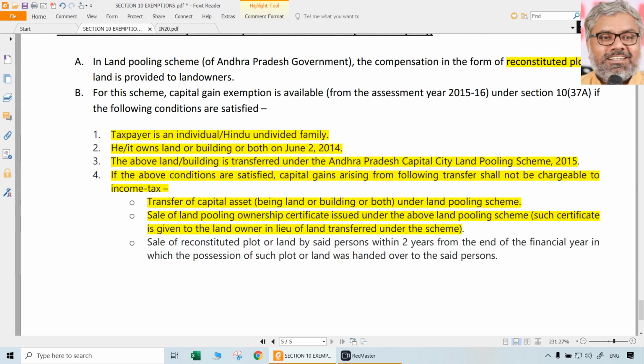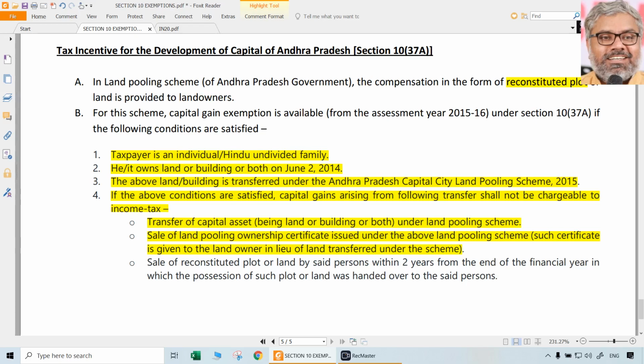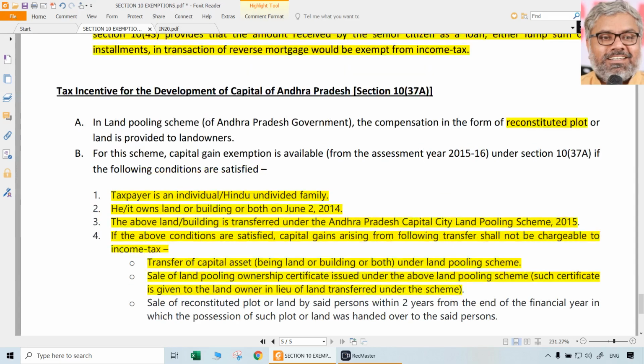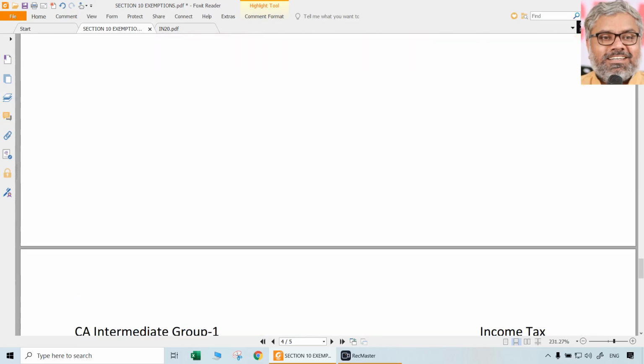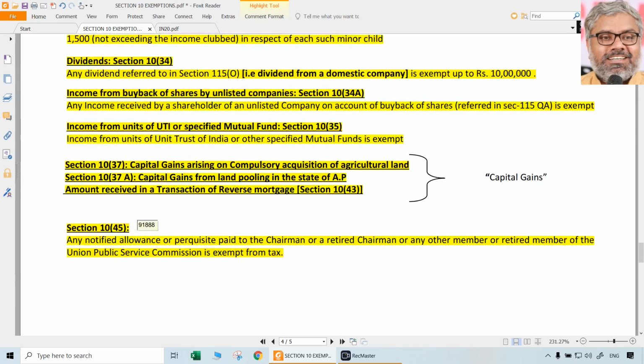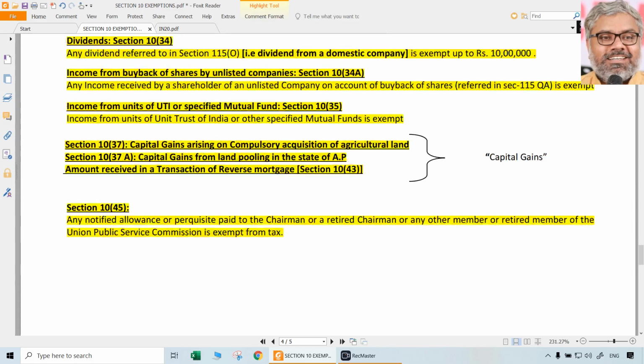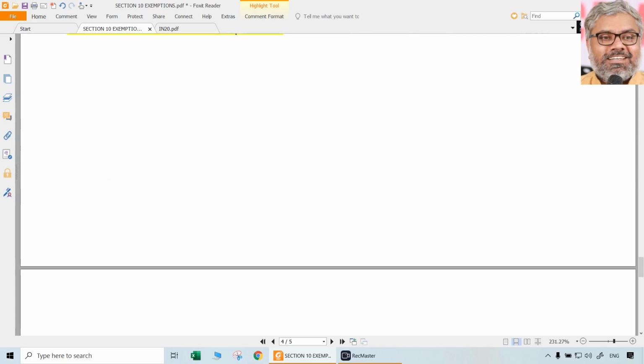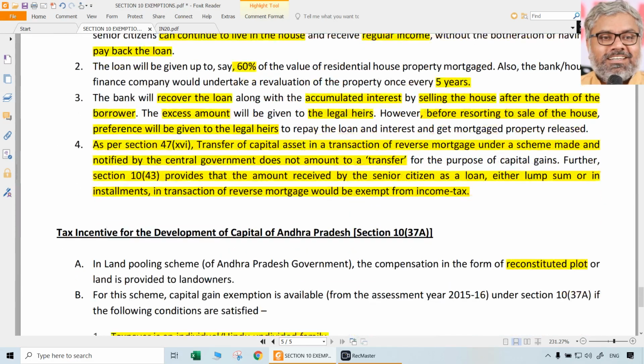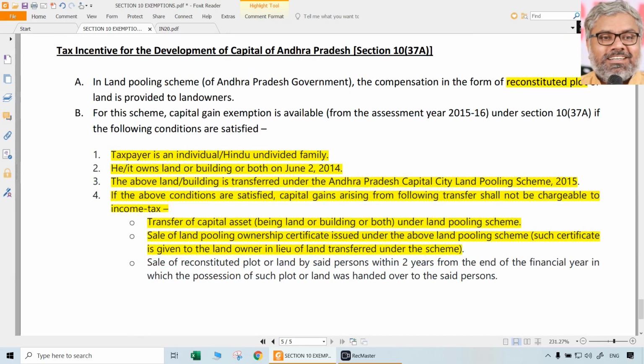They don't understand that if it was not land pooling but compulsory acquisition, even though it was urban agricultural land, which it was, since it is definitely within 8 kilometers of the radius of Vijayawada and Guntur on both sides, section 10(37) already says that capital gains arising from compulsory acquisition of agricultural land are exempt. So what great benefit did they get here, that exemption is separately granted for selling these land pooling certificates?